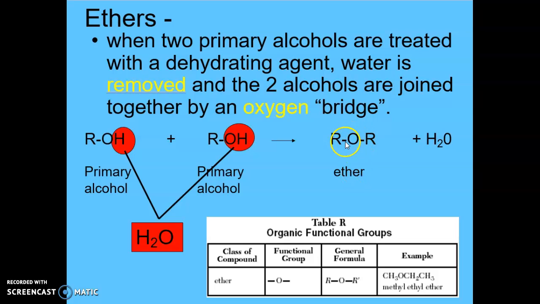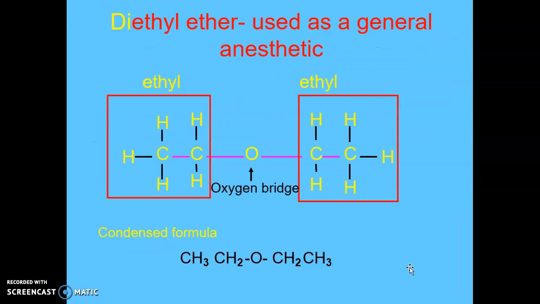Ethers are the only compounds that contain an oxygen between two atoms of carbon. The way you name this compound is naming the alkyl group of one of the original alcohols, and then the alkyl group of the second alcohol.